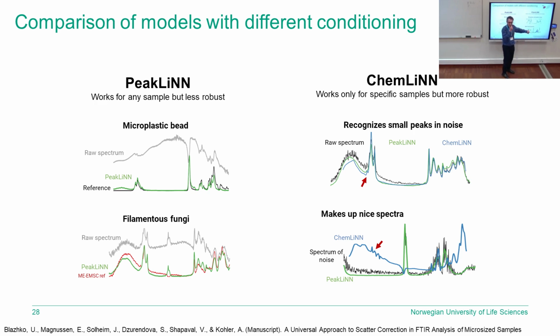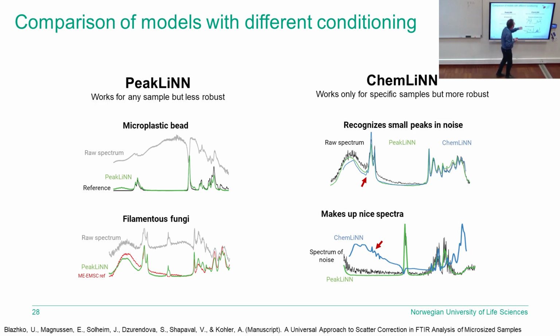This is what we call peak-lin, where I don't give any conditioning, so it doesn't expect to find a fungi or algae or something like this. It understands that it is noise and CO2.